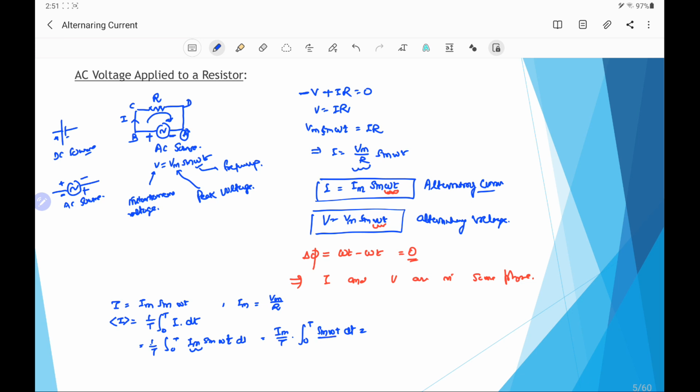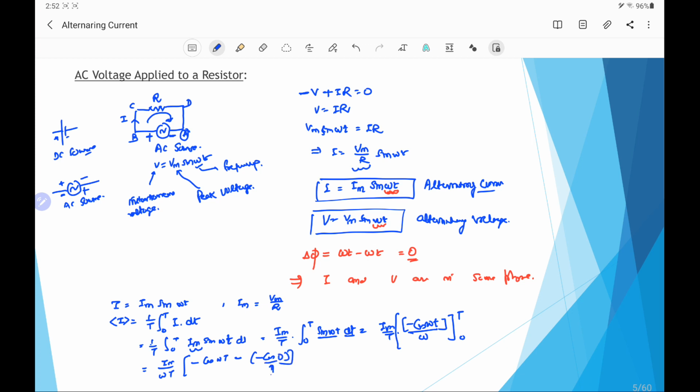Substituting the integral of sin omega t, we will have Im by T into minus cos omega t. The integral of sine is minus cos, divided by omega, and we substitute the limits 0 to T. So it will be equal to Im by omega T into minus cos omega T minus minus cos 0.